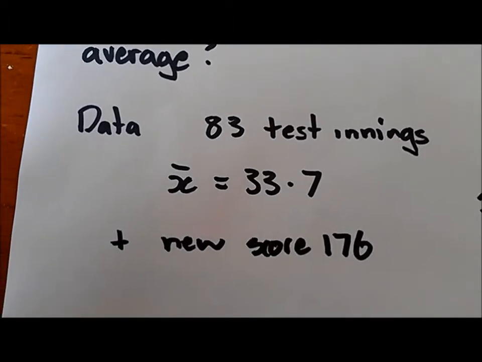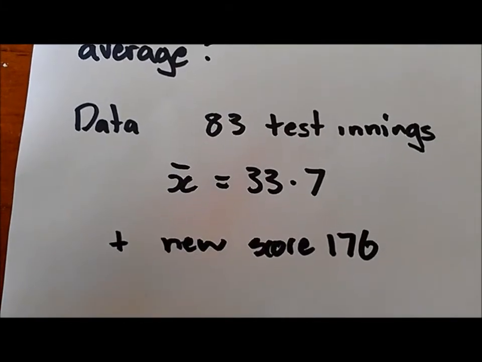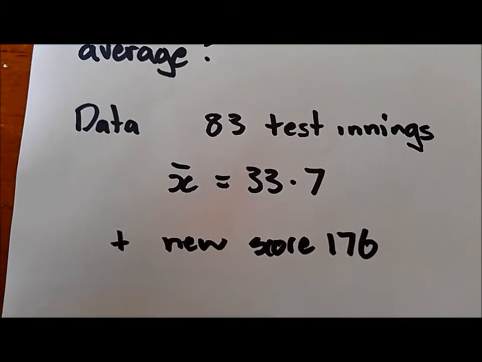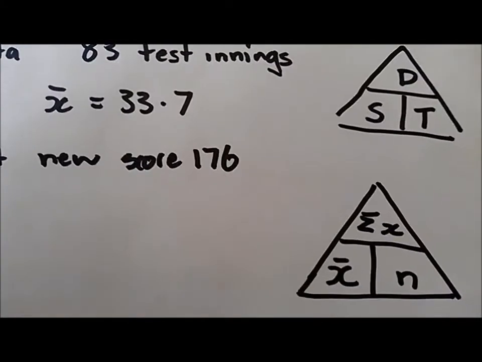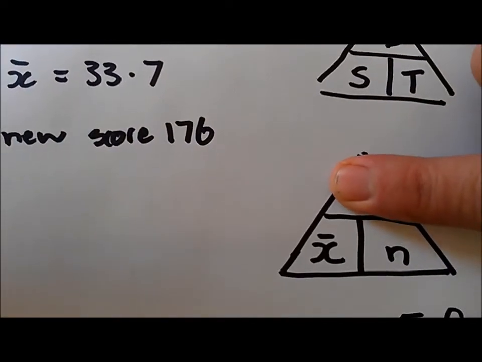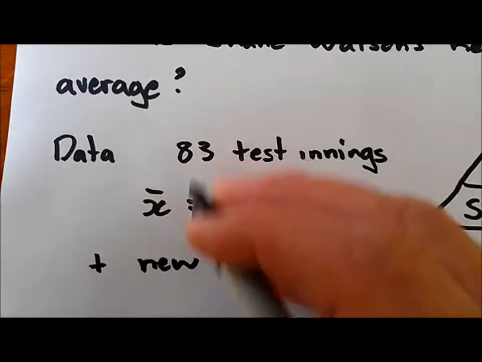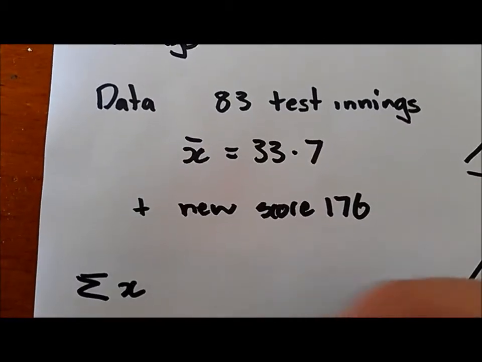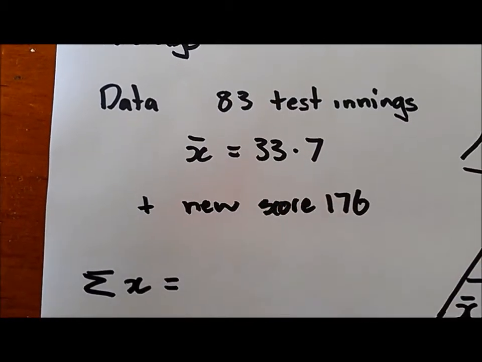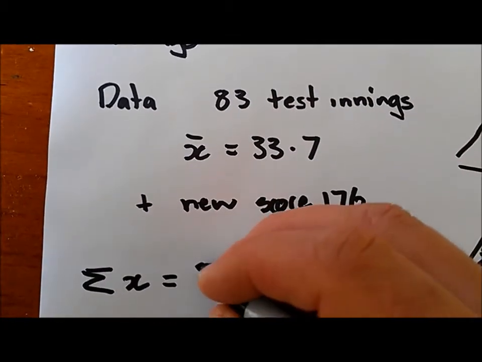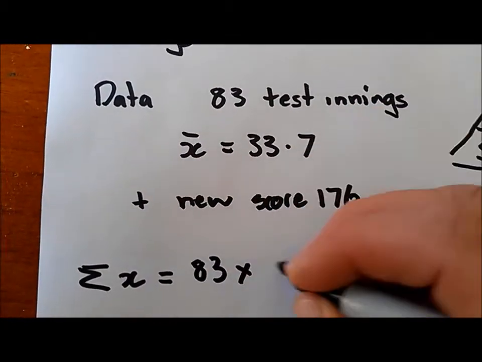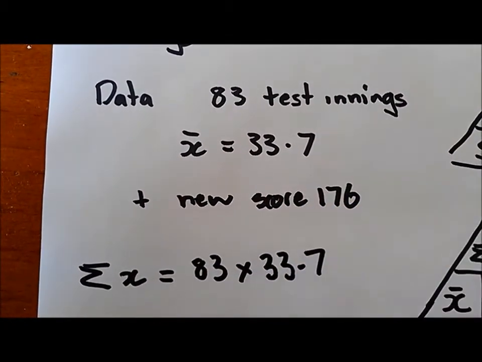So to calculate his new average, I need firstly to get a new total. So, coming back over here, I want a new sum. I take the mean and multiply by the number of scores. So, the sum of the scores is going to equal the 83 Test innings multiplied by the mean of 33.7.